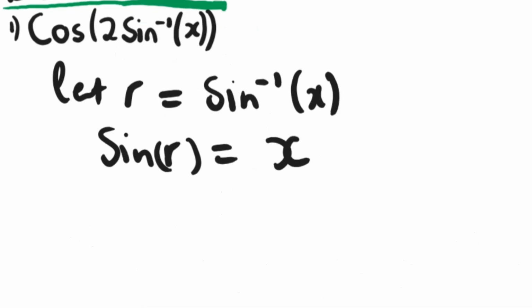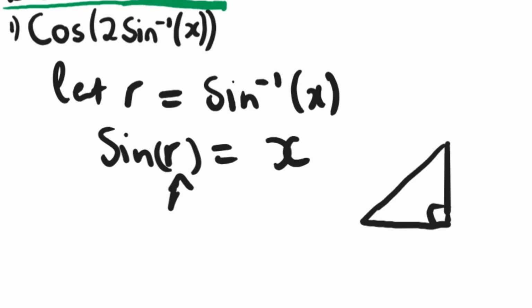Solving the problem from here, you want to draw your little sketch, a right angled triangle, with your angle as r. What is in front of the trigonometric ratio? Not the inverse, right? After writing sine of r equals x, you want to write that r here.